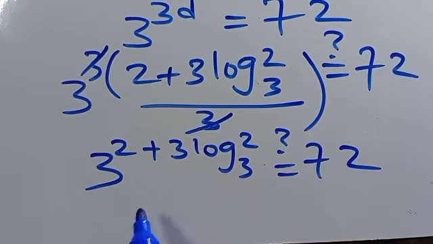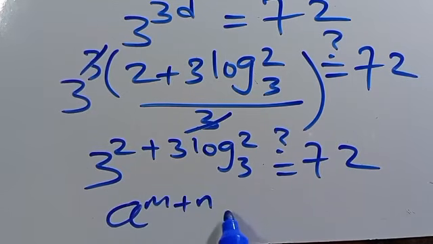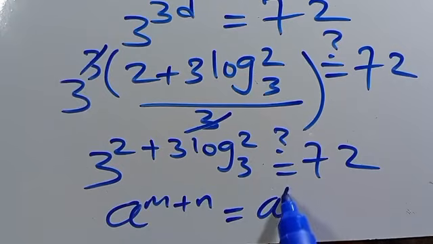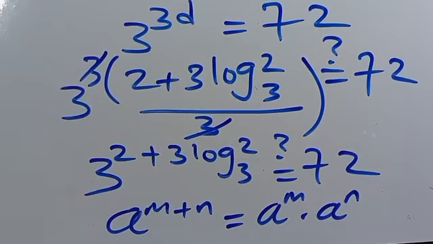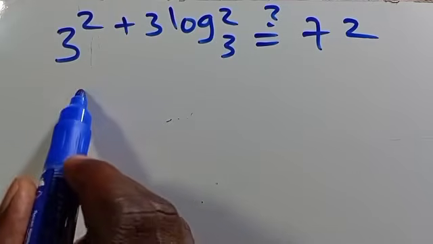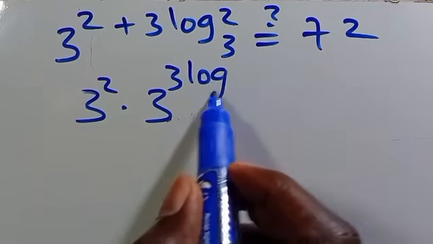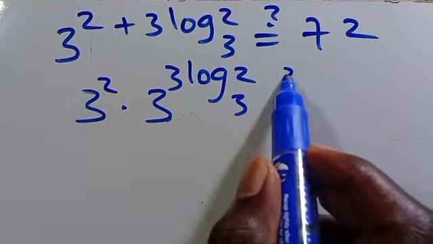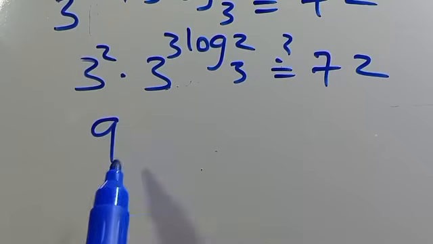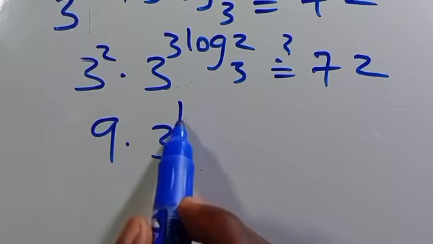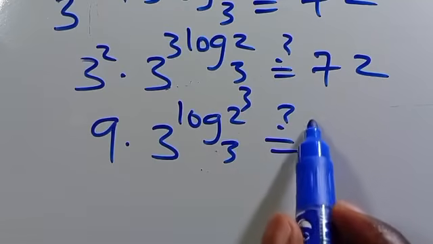So from here, we have a to the power of m plus n equals a to the power of m times a to the power of n. So this will be 3 to the power of 2 times 3 to the power of 3 multiplied by log 2 in base 3. 3 to the power of 2 is 9, times 3 to the power of log 2 to the power of 3 in base 3. Then it's going to give us 72.